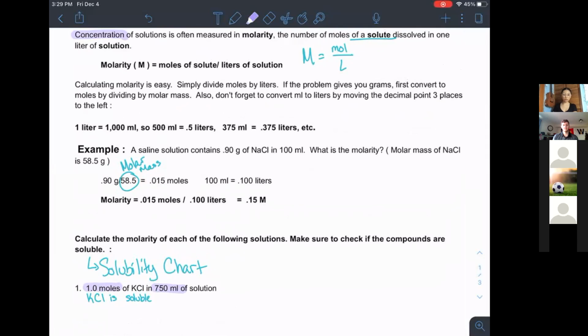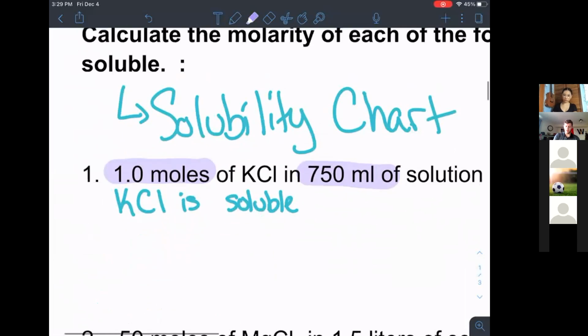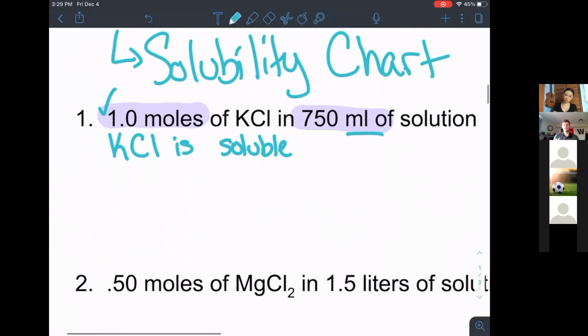Isn't it supposed to be liters instead of milli? Exactly. It needs to be liters. So the moles are right. We're good here. But this needs to be liters, not milliliters. So we need to do our conversion.